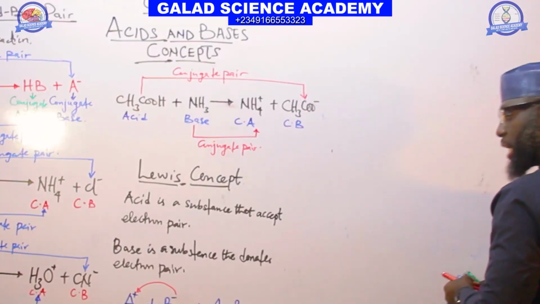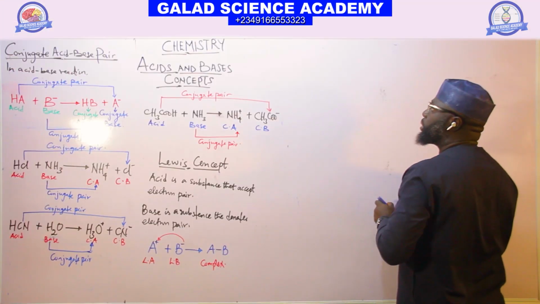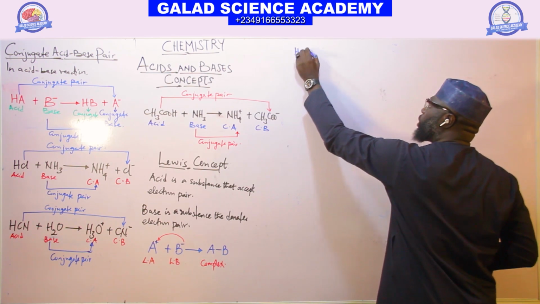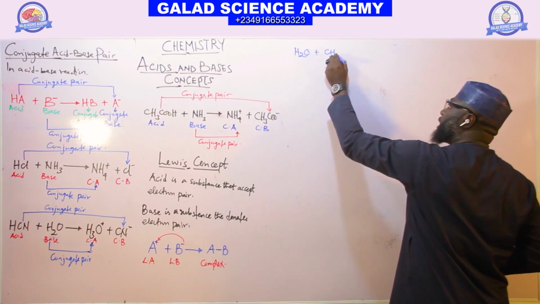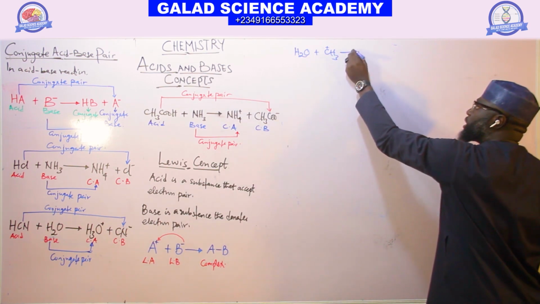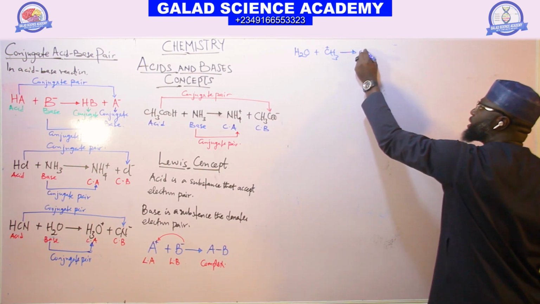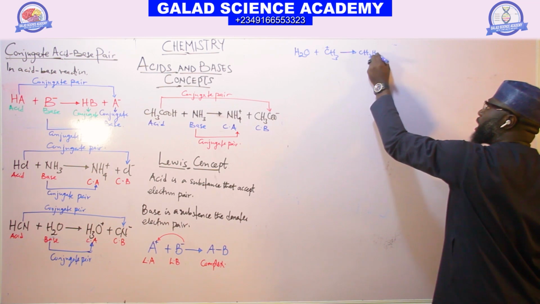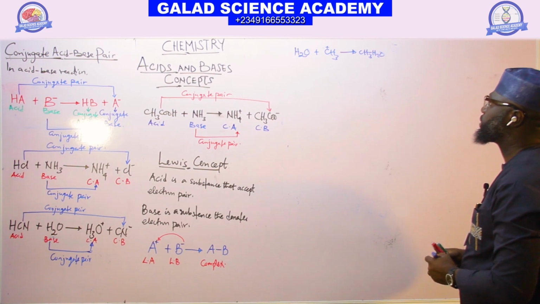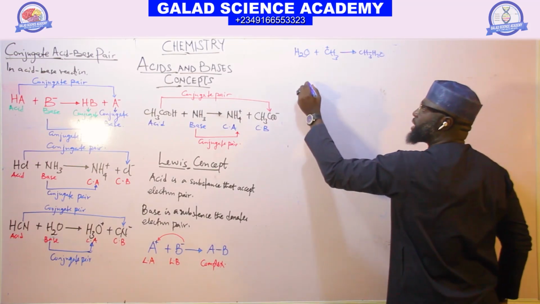Look at another example here again. We can have a reaction between water, H2O, plus CH3+ to give you CH3OH2+. For convenience sake, let me split it like this.